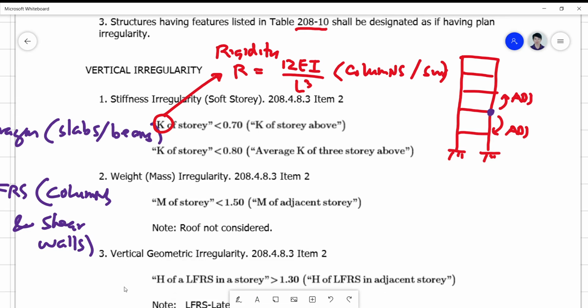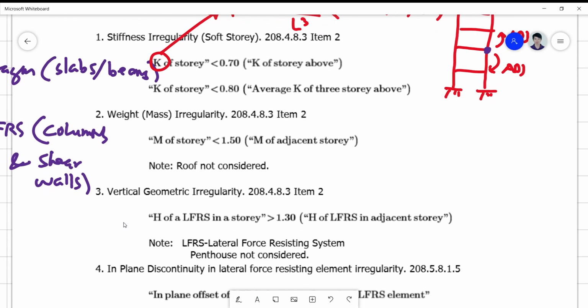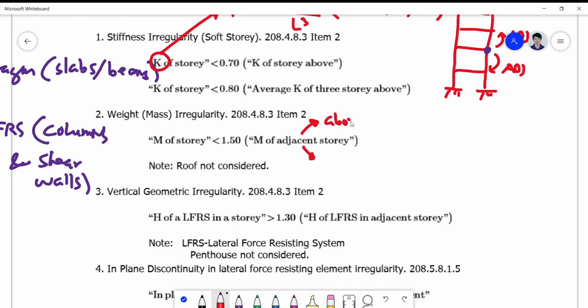Okay, for weight or mass irregularity, you just refer to the section that is cited here in the lecture. The mass of the story must always be less than 1.5 of the mass of each adjacent story. So when you say adjacent, you are checking it on the story above and below.